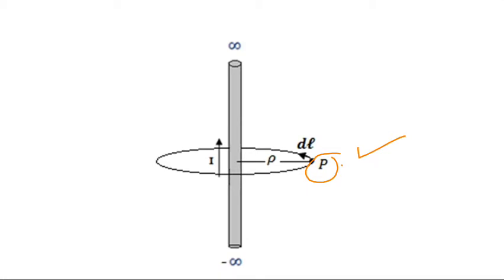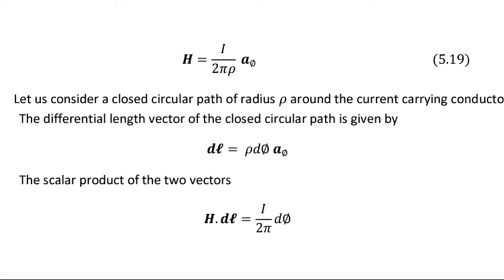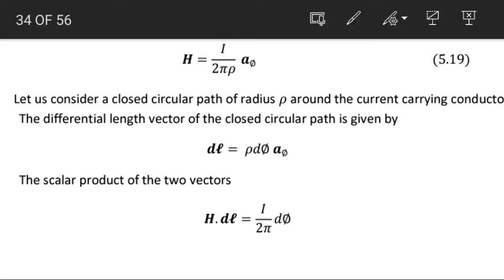The magnetic field intensity at point P is given by equation number 19. The magnetic field intensity at the point under observation will be equal to I by 2 pi rho into a phi.